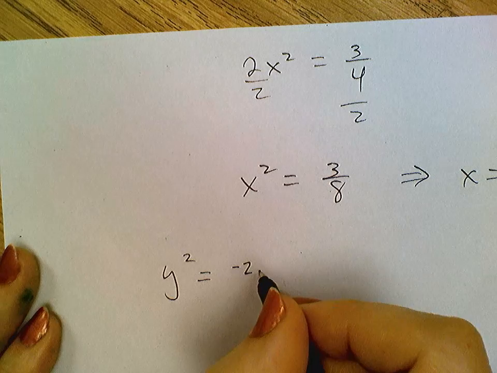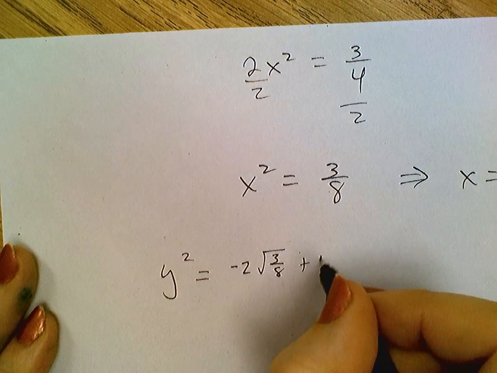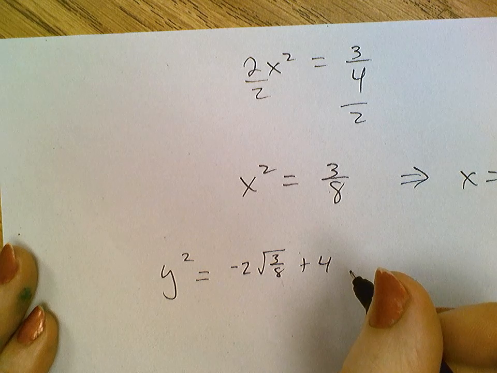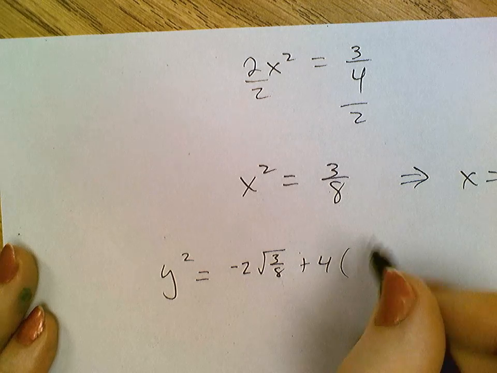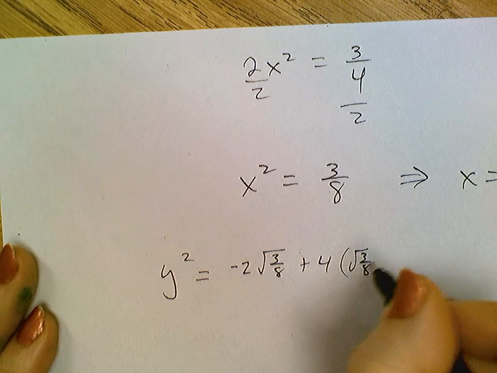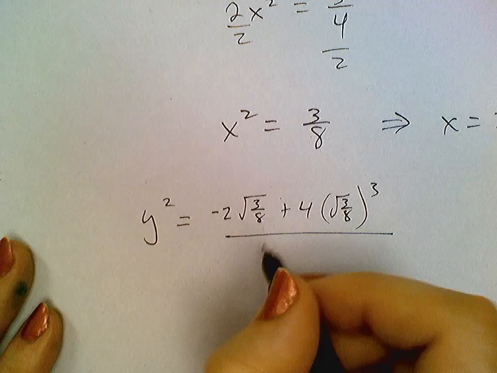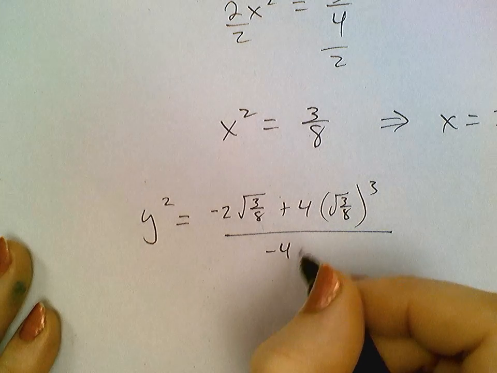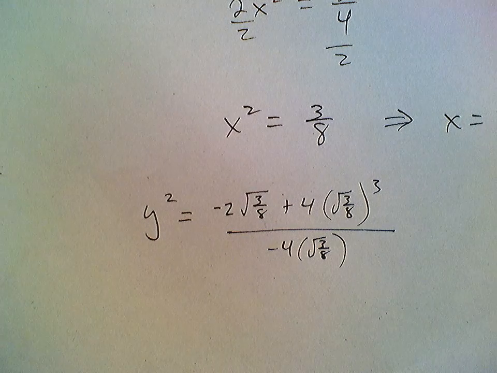Okay, so negative 2 radical 3/8 plus 4 radical 3/8 to the third over negative 4 radical 3/8.